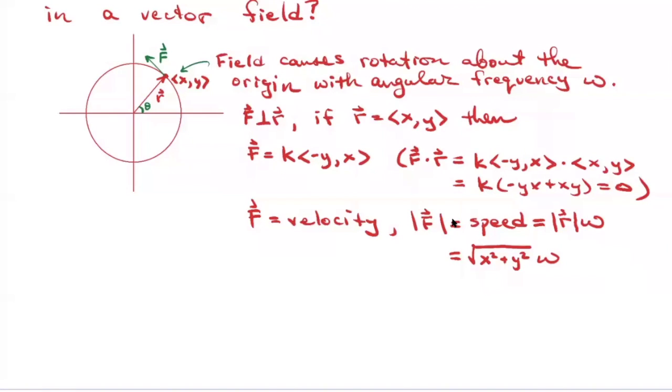Let me go ahead and do U as the unit direction for the field F. We already said we know the direction of the field, so all we have to do here is take this k times negative y comma x and divide by its magnitude, which would be the absolute value of k times the square root of y squared plus x squared.